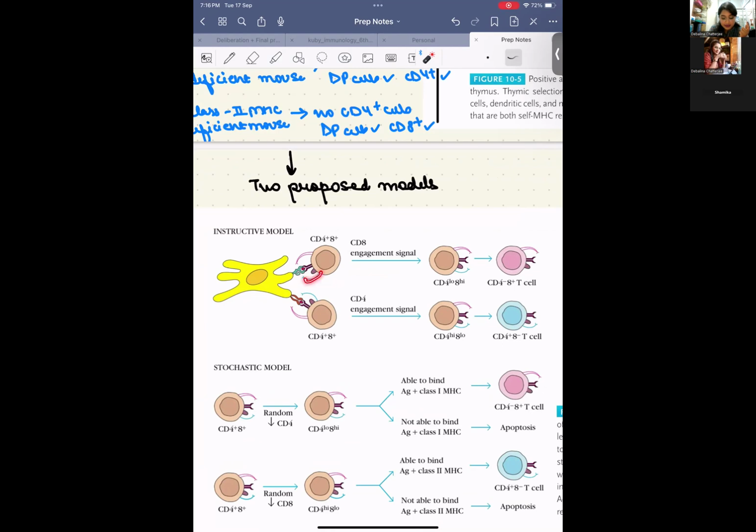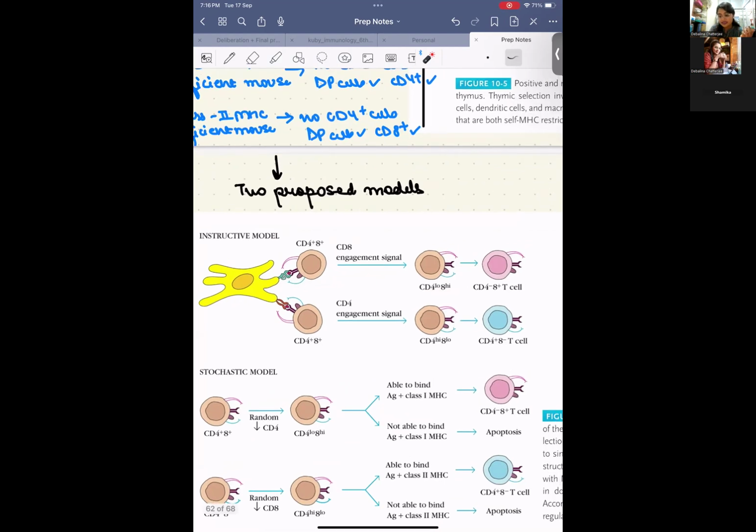Whichever co-receptor is engaged, this engagement signal is eventually going to first decrease the expression of CD4, so CD4 low, and increase the expression of CD8, so CD8 high. And eventually, through further rounds of differentiation, the cells become CD4 negative and CD8 positive T cells, or cytotoxic T lymphocytes.